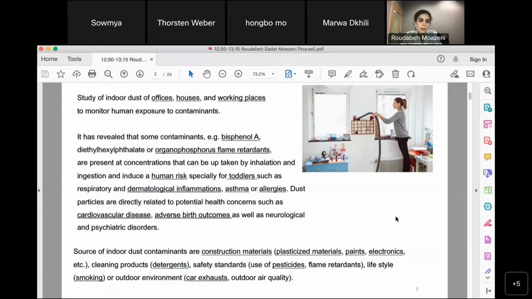Mostly the sources of indoor dust are construction materials, plasticized materials, paints, electronics, detergents, smoking, and exhaust. So we decided to have a more sophisticated analysis for indoor dust samples. Please go to the next slide.